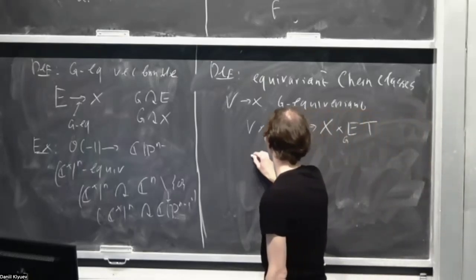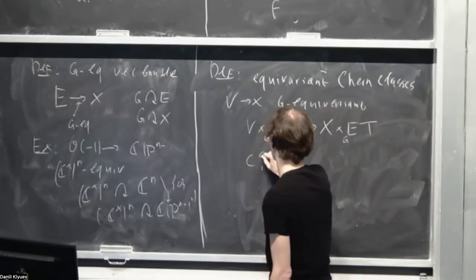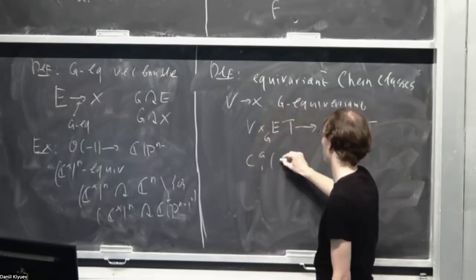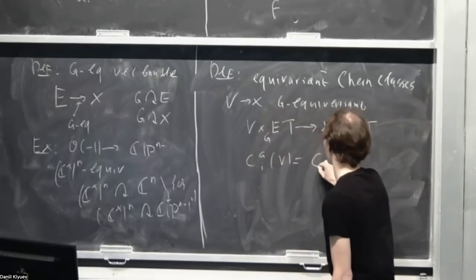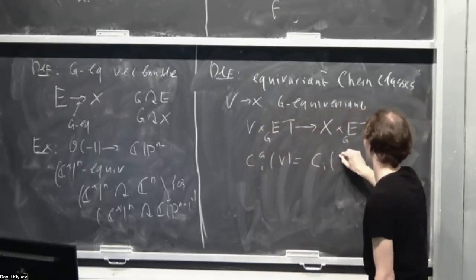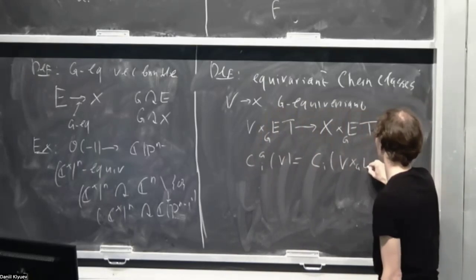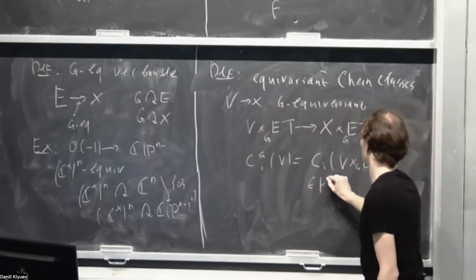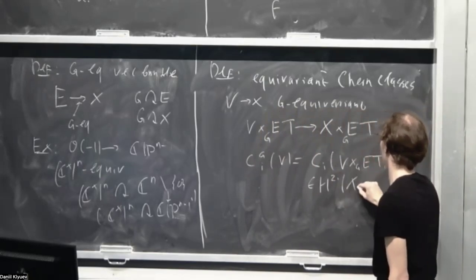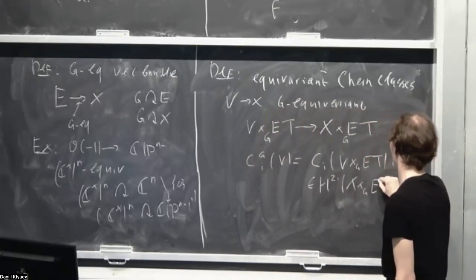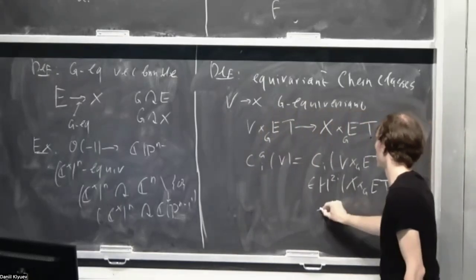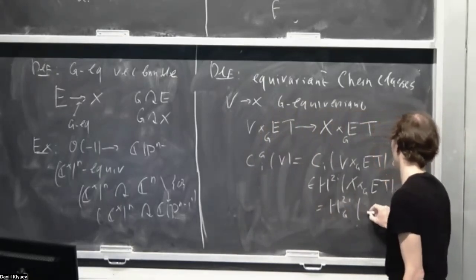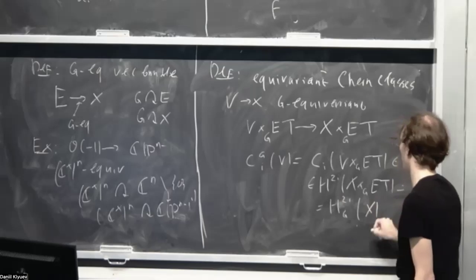I define c_i^G(V), the G-equivariant Chern class i of V, to be just c_i of this vector bundle, which lives in the 2i cohomology of the homotopy quotient of X, which is by definition the 2i equivariant cohomology of X.